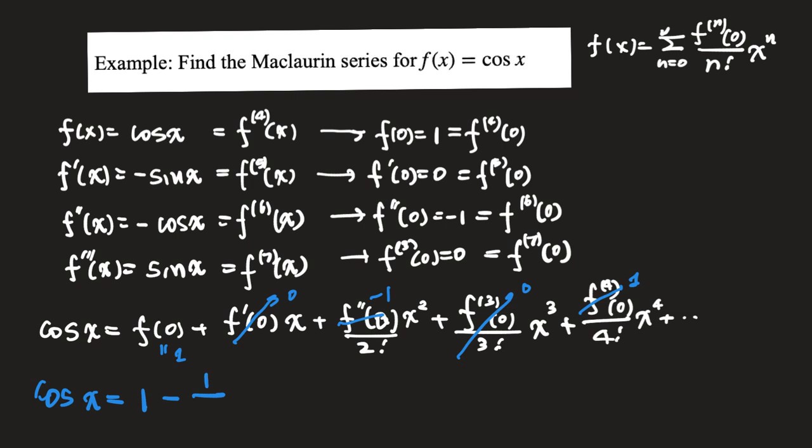So cosine x is 1 minus 1 over 2 factorial x squared, plus 1 over 4 factorial x to the fourth power, minus 1 over 6 factorial x^6.